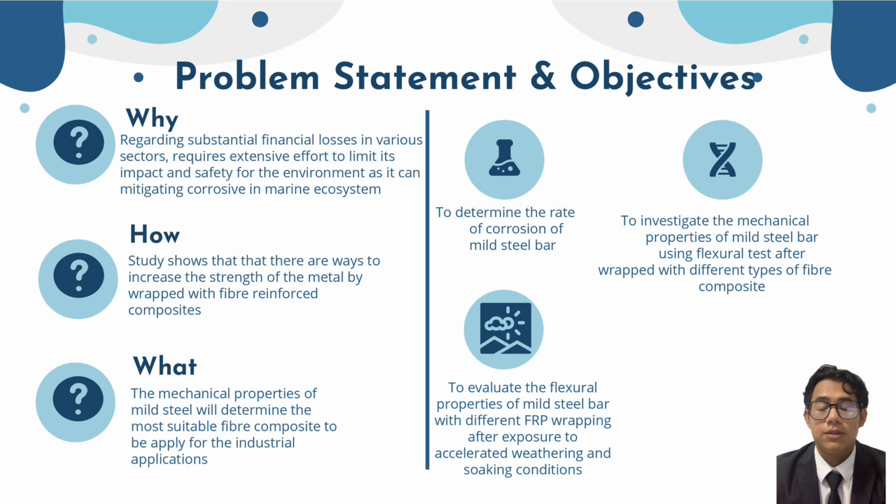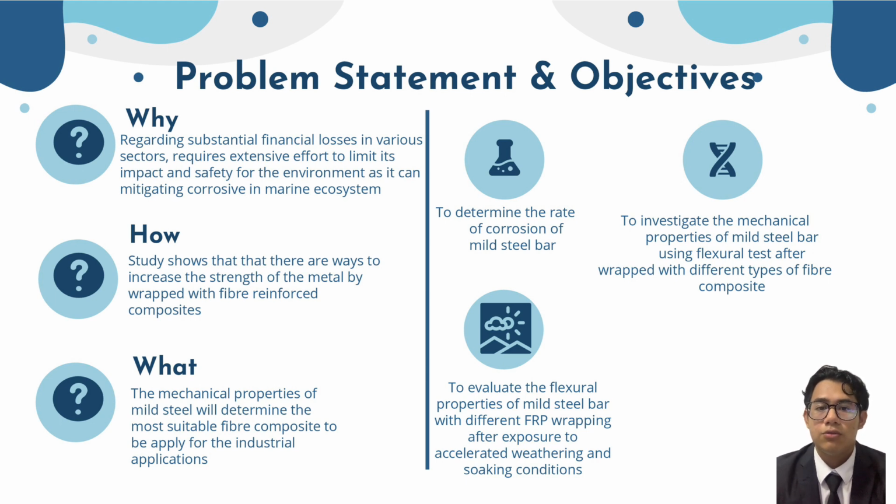Okay, for the problem statement, why this project is conducted is due to financial loss suffered by various companies, including piping companies, which extended their limits of impact and safety of the environment, which can cause harm to the marine ecosystem.